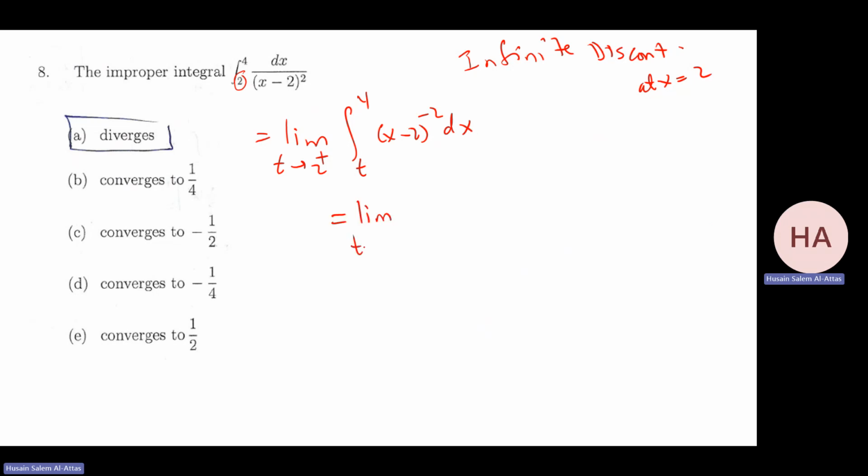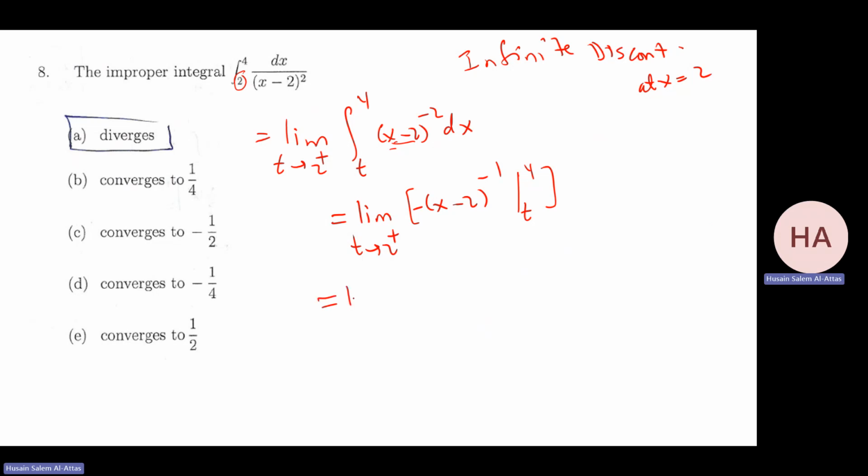That's an easy integral. This is linear, the coefficient of x is 1. So that will be x minus 2 to the power minus 1 with the minus sign, from t to 4. Am I right? Yeah, differentiate, you should get this one.